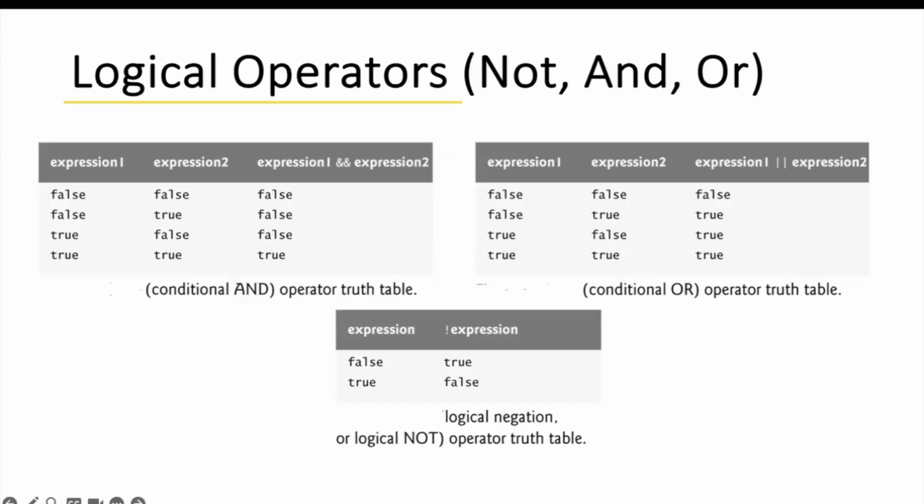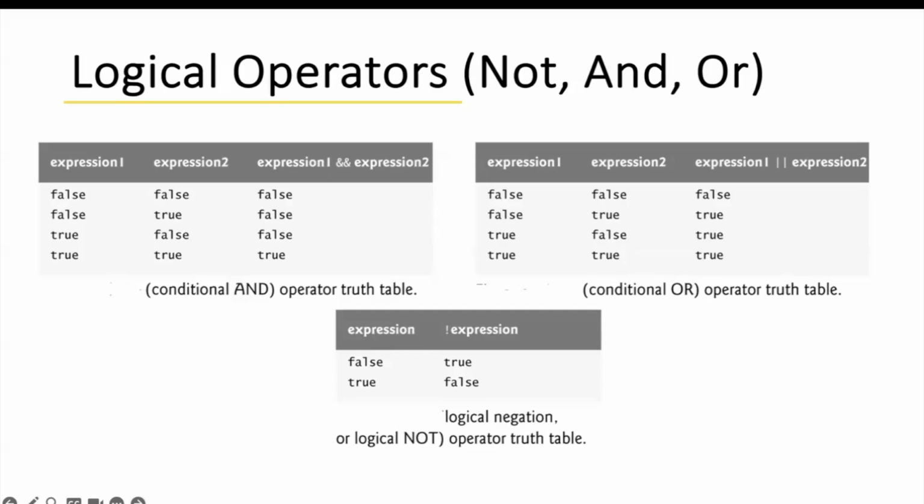You can see this in the table on the top left. Or is more inclusive. For an or condition to be true, only one of the conditions needs to be true. The only time an or statement is false is when both sides of the condition are false. So false, false equals the result is going to be false.